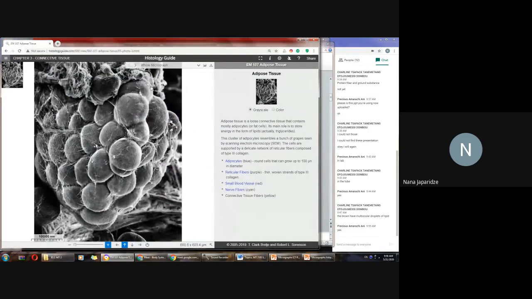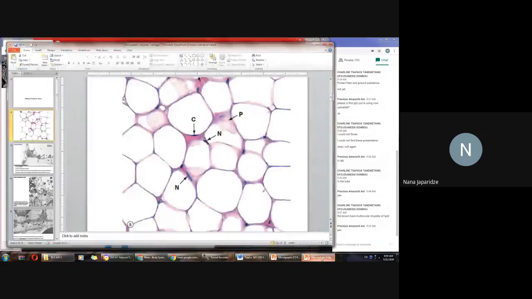So the plane of section goes through the surface, then it goes deeper. A small part of the lipid droplets should be included, beside the cytoplasm, like this one.